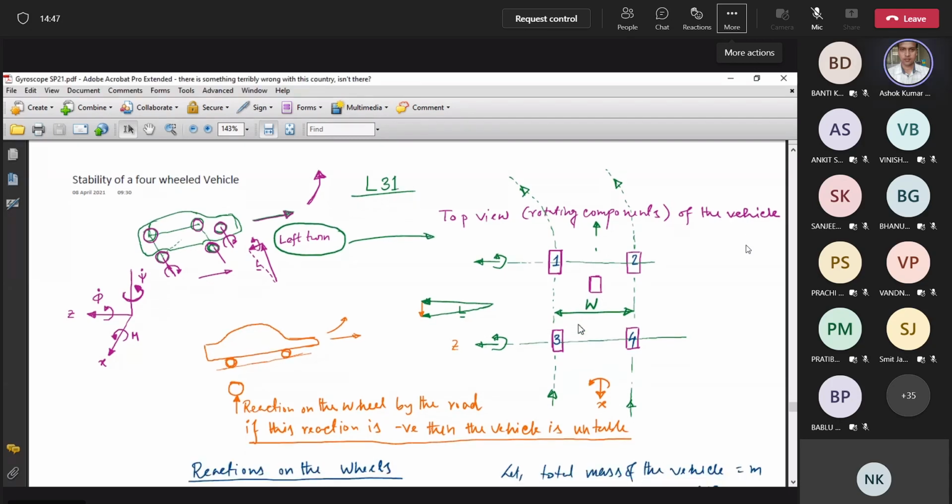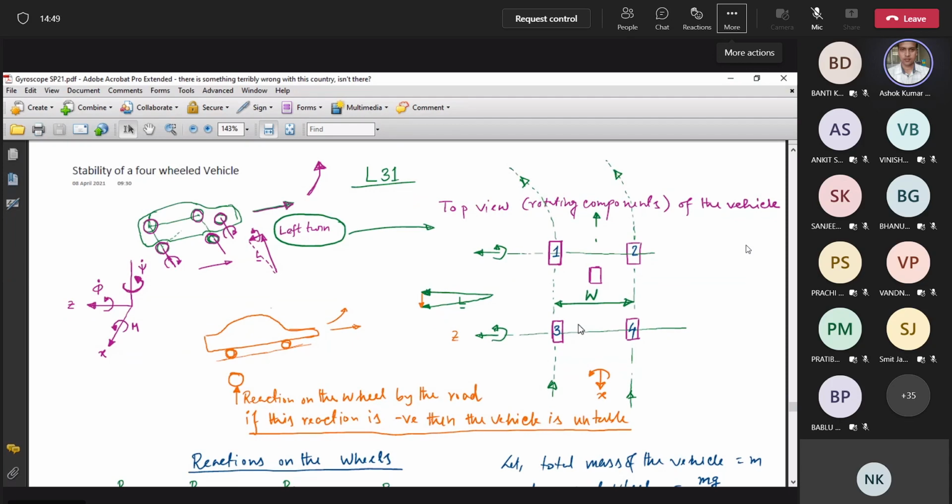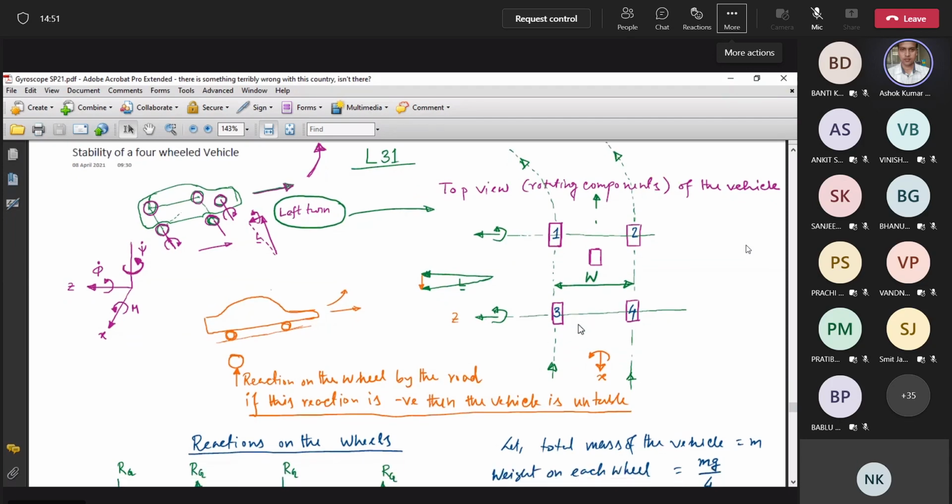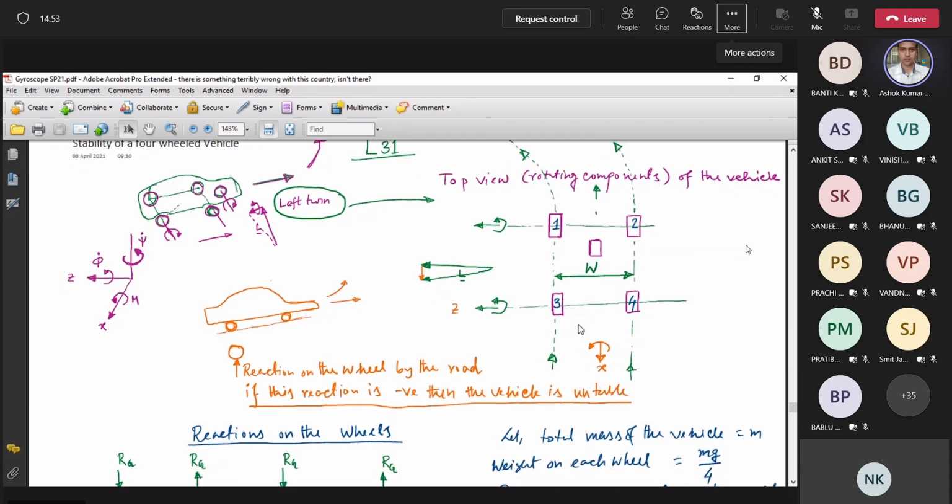Now we have discussed what is the condition for stability, and we have discussed what are the rotating components of this vehicle. Now we will see what are the reaction components on each wheel. So the four wheels are there.